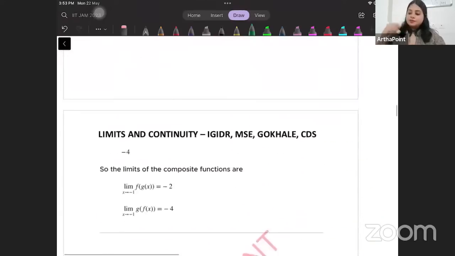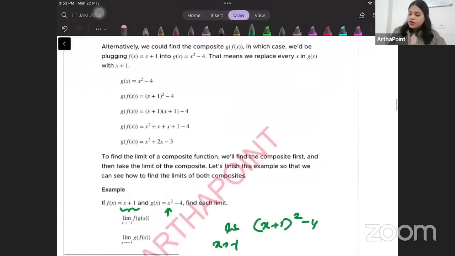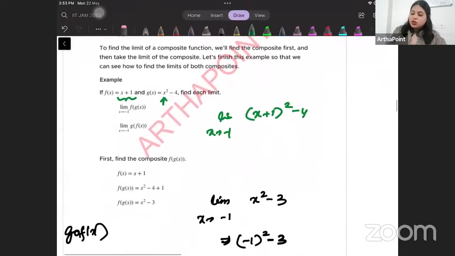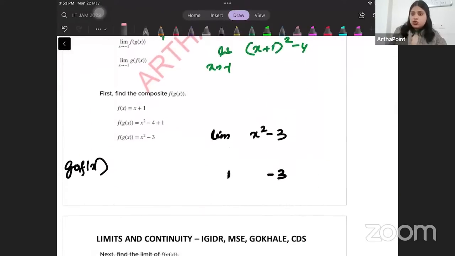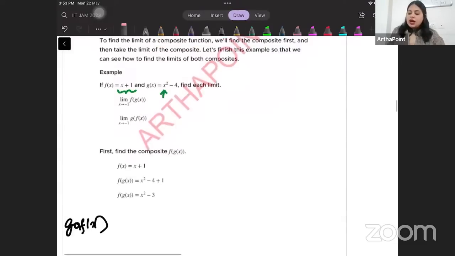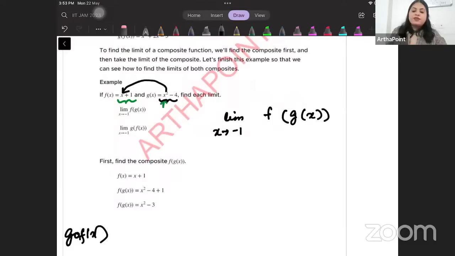Let's have a look बेटा. वापस इसी क्वेश्चन पे आ जाते हैं जरा. Where is the question? This is my question. So we have seen that the answer that we were getting was -2. ठीक है जी? अब देखो. I am to find limit x tends to -1 f of g of x. मतलब g(x) has to be imposed inside f.